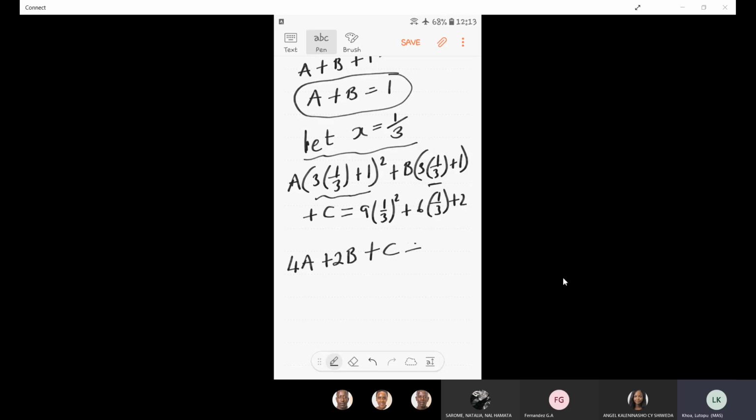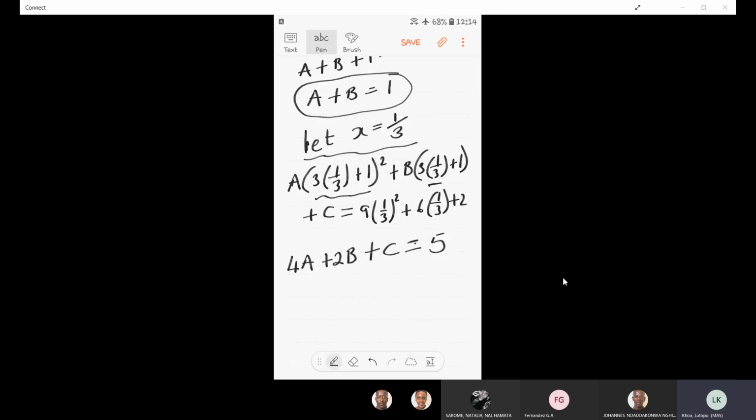And then on the right-hand side, that one you do on your calculator. 9 times a third squared, this is just 1. And then 6 times a third is 2. So I have 1 plus 2 plus 2, and this is equal to 5. So you can just check on your calculator that it is correct.